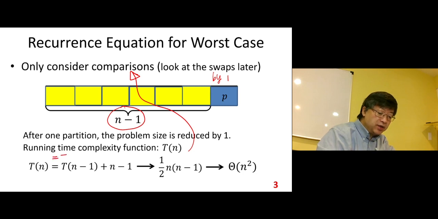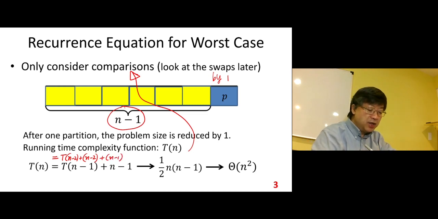Let's do the second time, n-2. Then we need to have this n-2 term plus the previous n-1 term. So let's keep doing this all the way to the last one when we reach the base case, T of 1. This time plus 1. Why? Because they should have the same size.